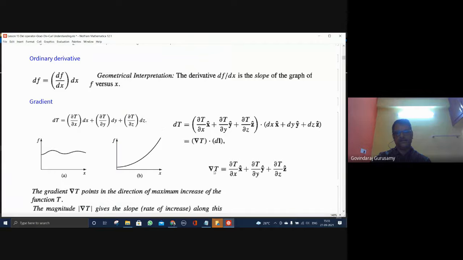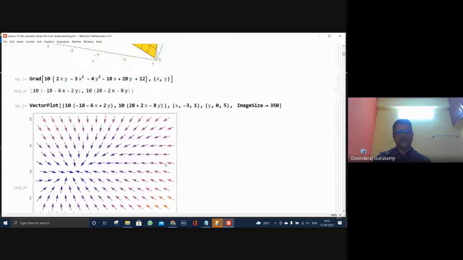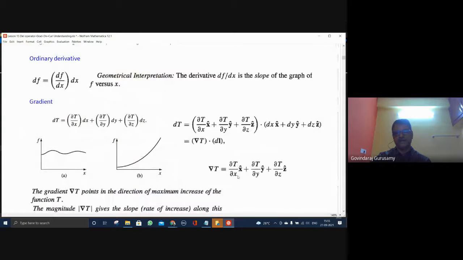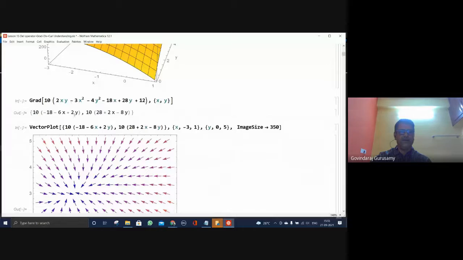Okay. Del, I'm going to combine with this. I get an x component, y component, z component. So dou T by dou x, and because I have x and y two variables, I'll take dou T by dou x as the x component, dou T by dou y, dou T by dou z. Because it is a function of x and y, I find the gradient, 10 is a common factor.